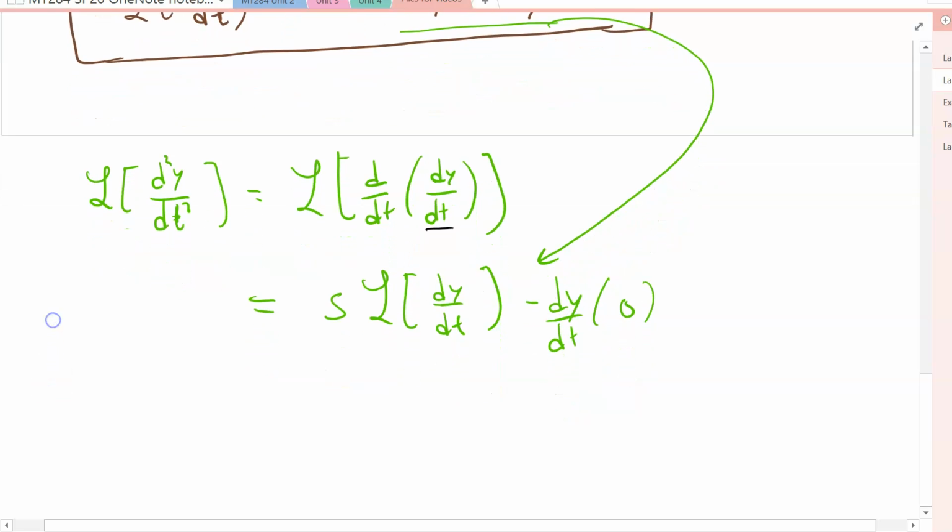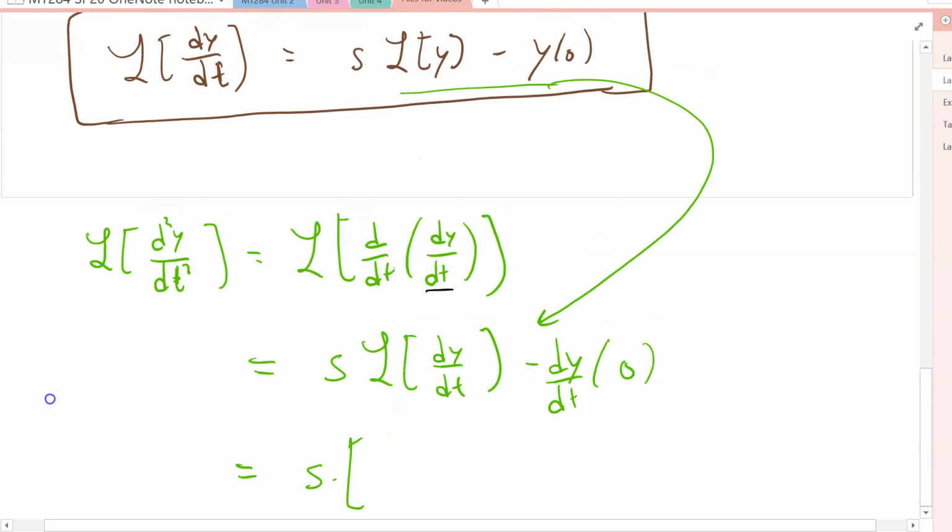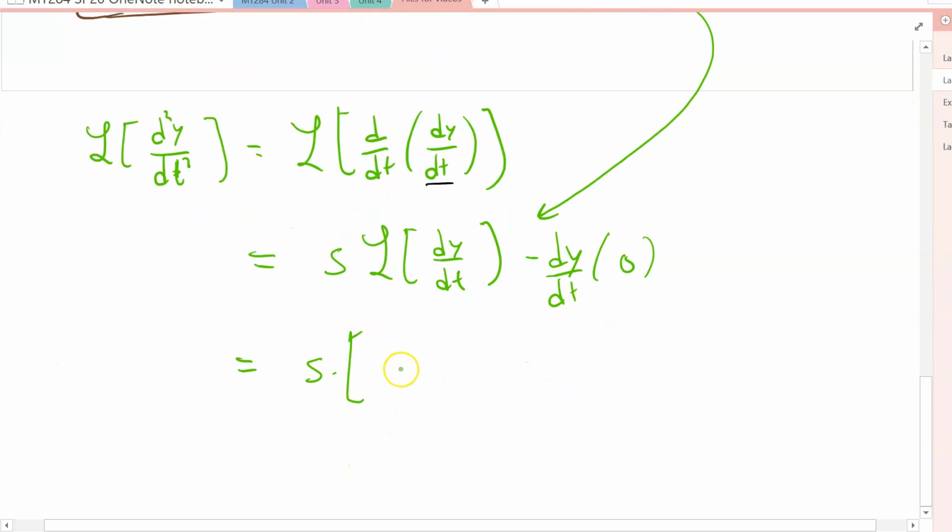So directly substituting that in, we get s times the Laplace transform of y minus y of 0. And then we still have this other term at the end here, which I'm going to write using the prime notation now.